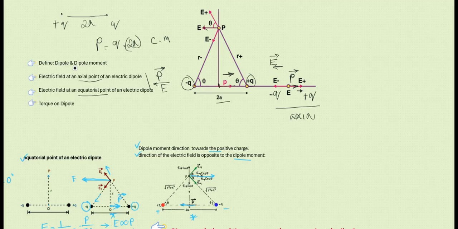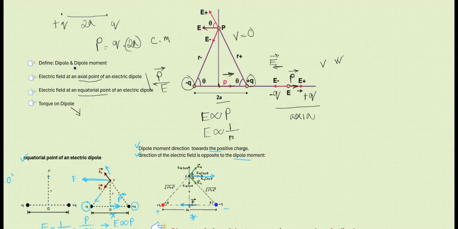And obviously in both cases, the electric field is proportional to the dipole moment and inversely proportional to the cube of the distance r, very simple. And for the axial case, potential will have a value, and for equatorial, potential will be 0.